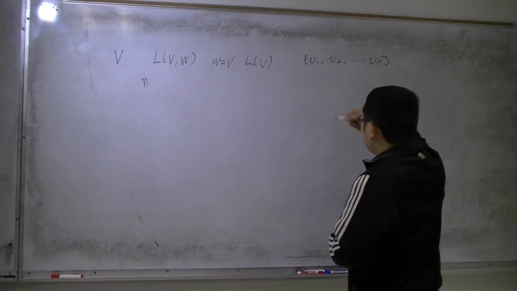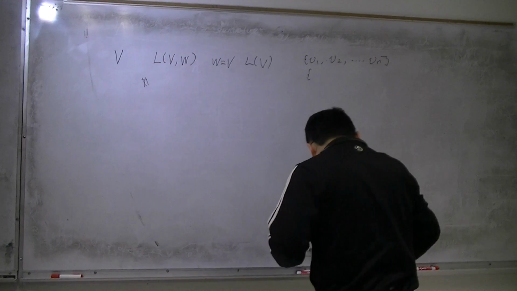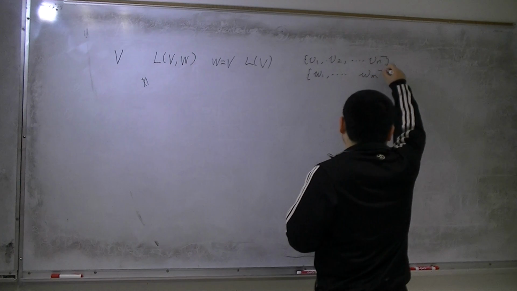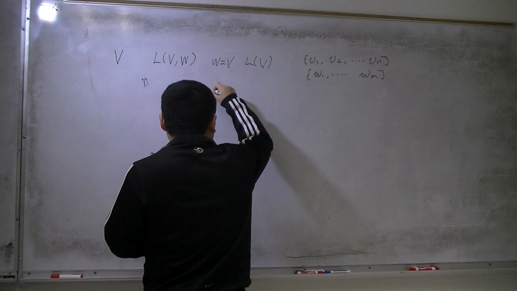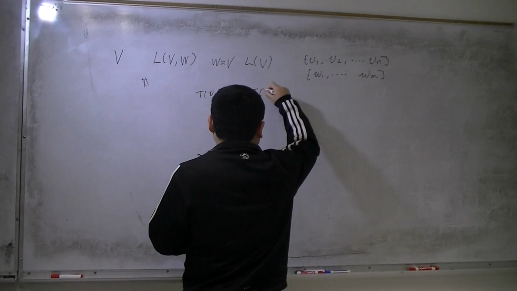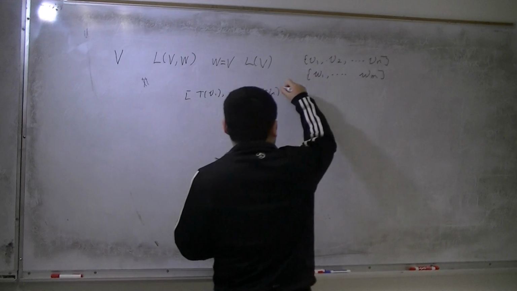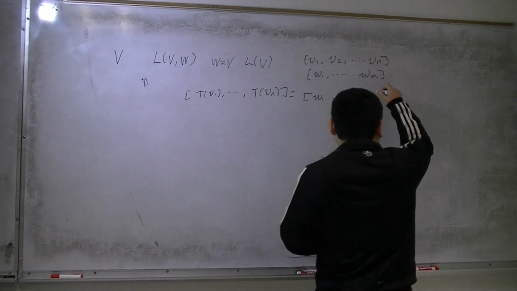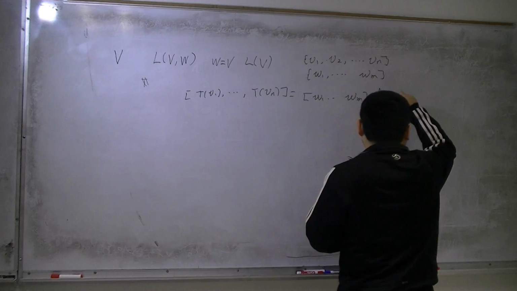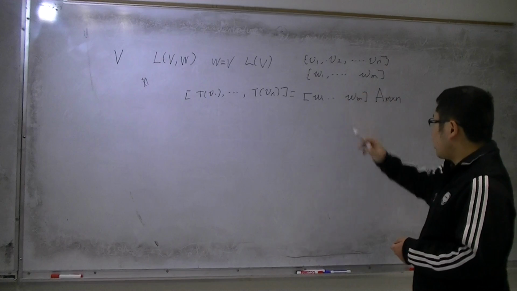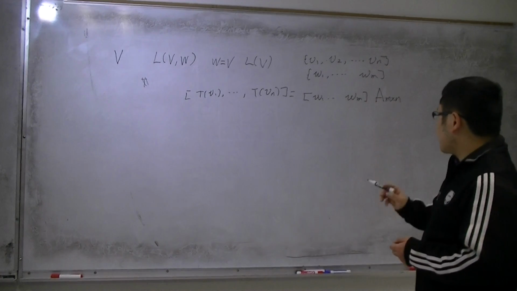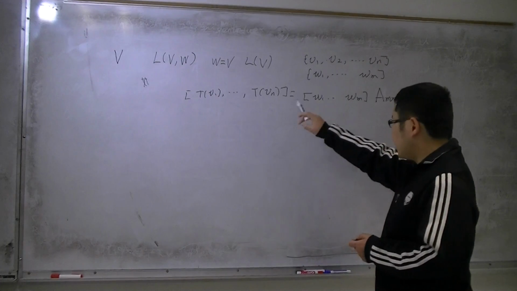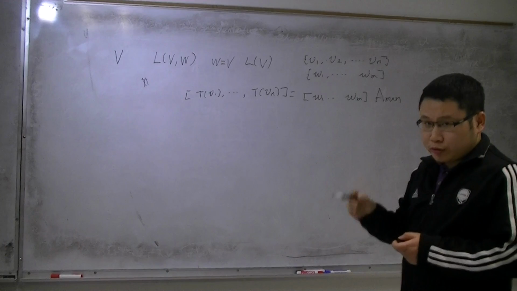And if the transform maps the space to W1, Wn, now I use this matrix to denote the transform. It depends on the transform and the basis you choose.